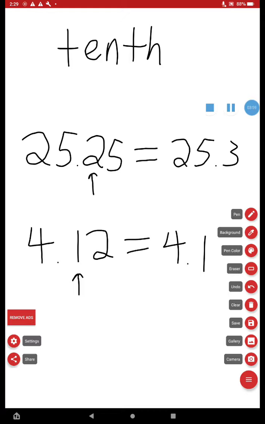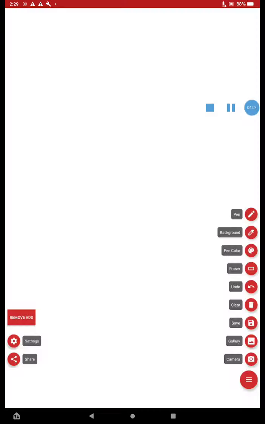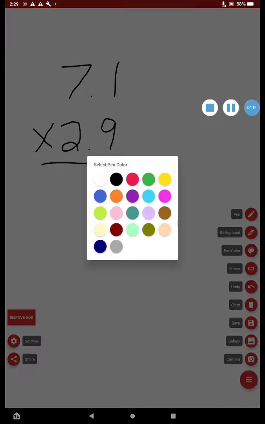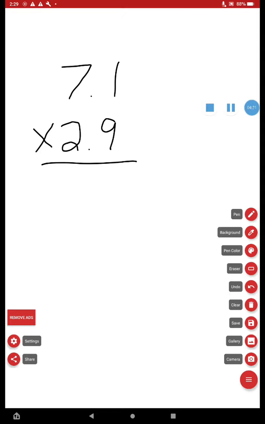All right, guys. Also today on your homework, you're going to be reviewing a little bit of two-step multiplication. Let's do one together. 7.1 times 2.9. 9 times 1 is 9. 9 times 7 is 63.